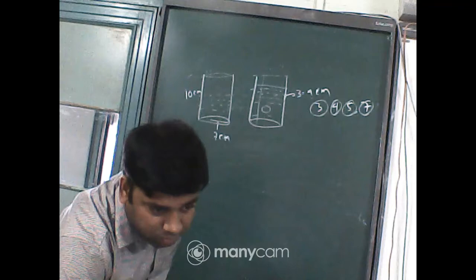So just multiply it, 7 into 7, that is 49.